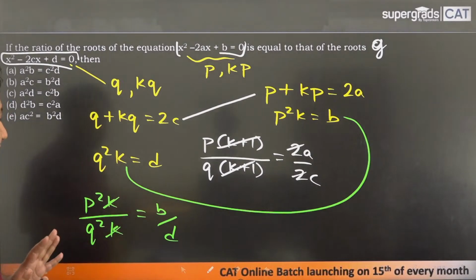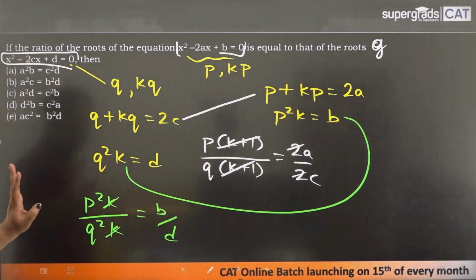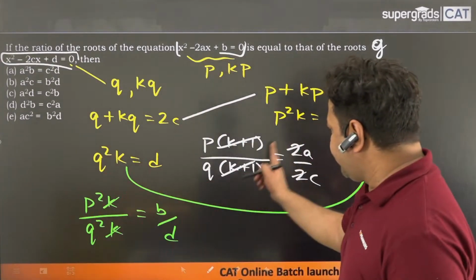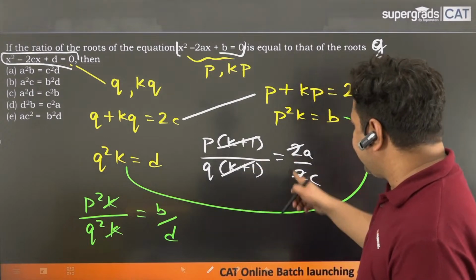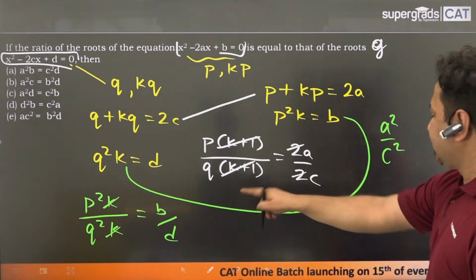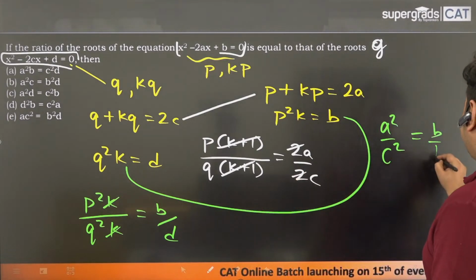Now we have two things, the ratio of p and q and the ratio of p square and q square. Cool? So by comparing these two, if I take the square, I can get a square by c square from this is equal to b by d.